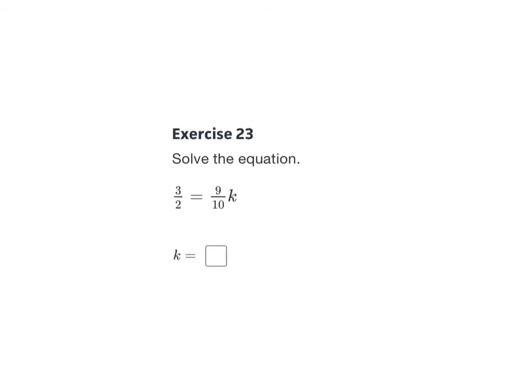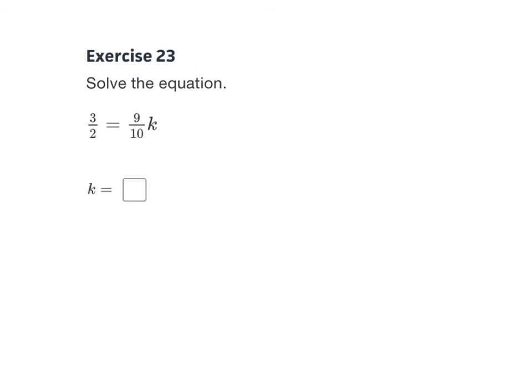23, I've got some fractions. So we've got 3 halves is equal to 9/10 k. Now, in order to break this fraction up from k, we're going to turn this into 1. And the way we turn this into 1 is we multiply by the reciprocal. So what is the reciprocal of 9/10? It's 10 over 9. If we do it to one side, we got to do it to the other side.